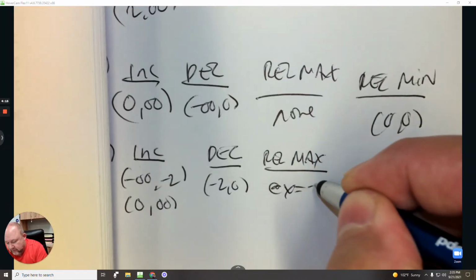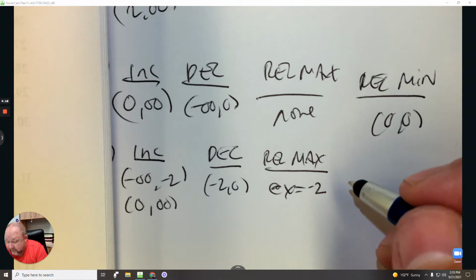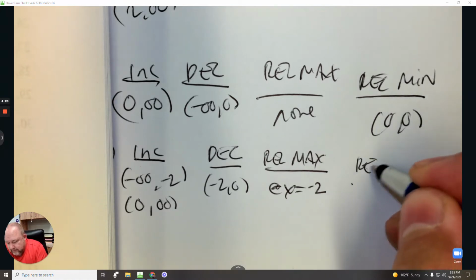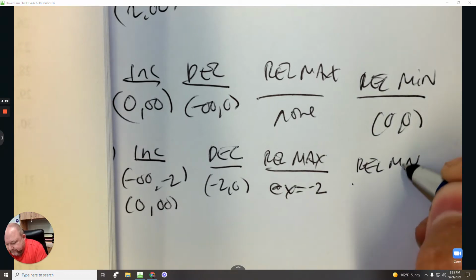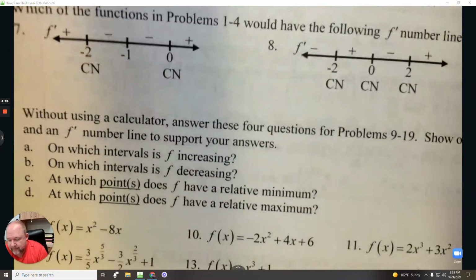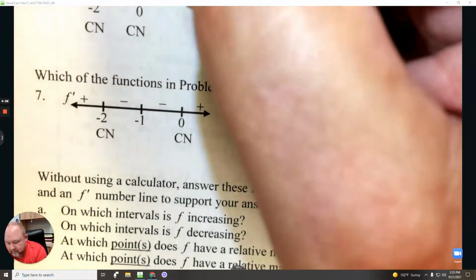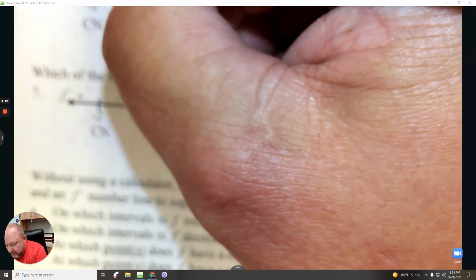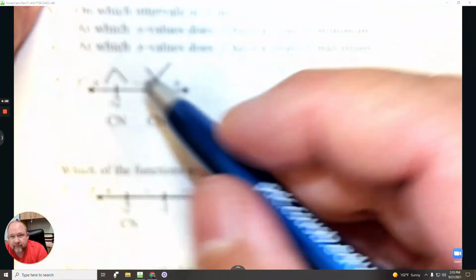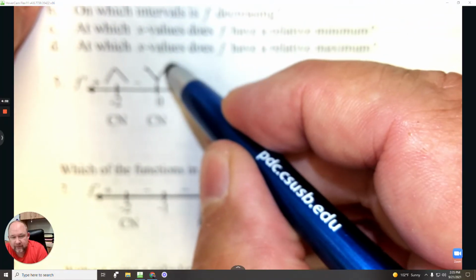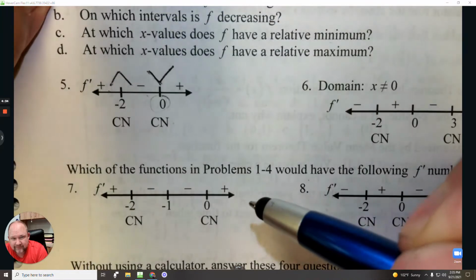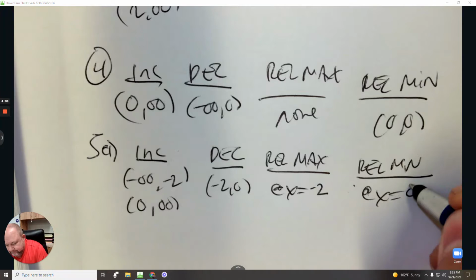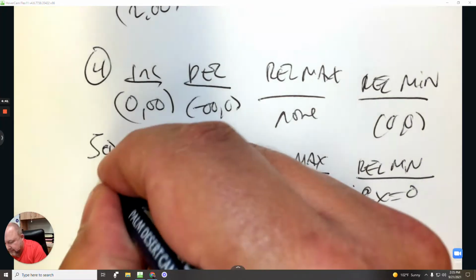So at x equals negative 2, I don't know the y value, but I know the x value of it. For a minimum, it's the other direction. So if it's falling and then rises, at 0, there's a minimum. That was B, C, and D.